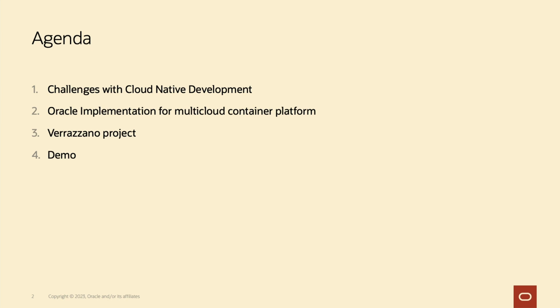So what we would like to achieve with that project, what kind of ideas we had behind that project, and then I'd like to peel the onion a little bit and look at what's inside, tell you what kind of open source components we have used, how portable it is, what kind of technology we are using. And at the end, I have a short demo. And if you're interested, I will be able to share some links where you can find that demo or some live labs for you to test Verrazzano.